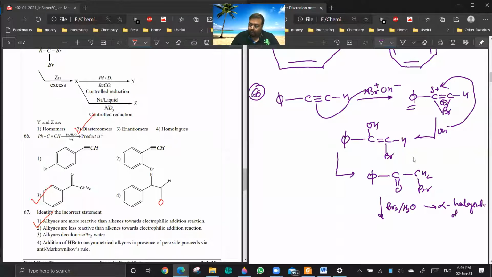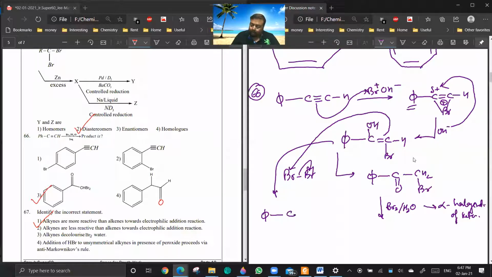Are you getting a point? So what will happen is that this will again, this enol form, if Br2 is available, then this form will again attack bromine and this will leave out. So you'll be getting Ph-C(OH)=CBrH and Br. Are you getting a point? Yes or no?